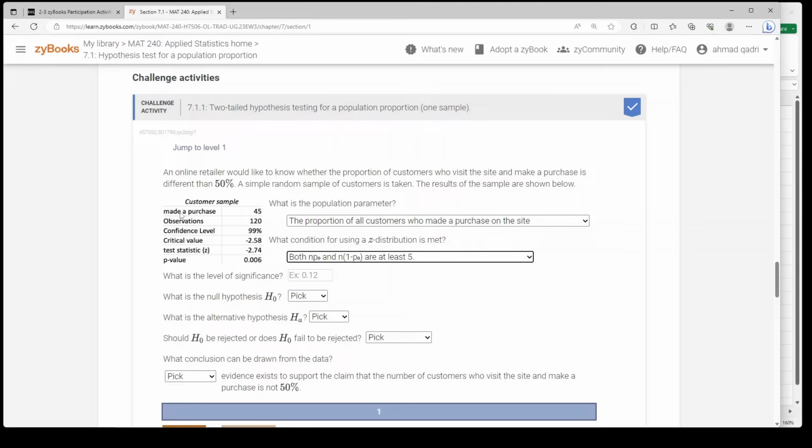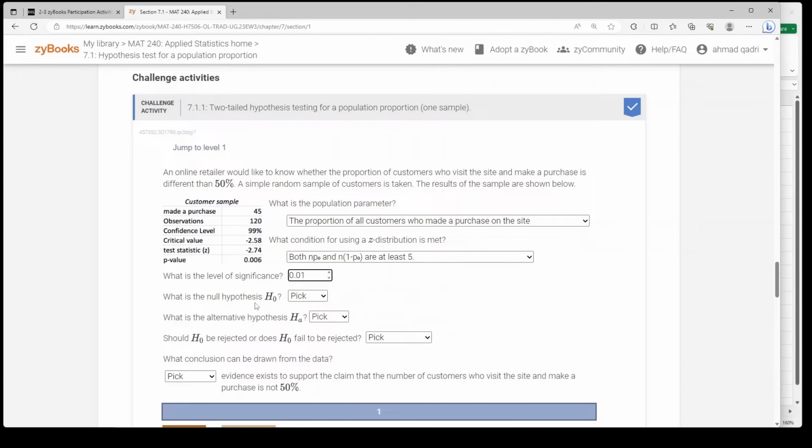If we look at this table here, we can see that the confidence level is 99%. Remember that alpha, which is the level of significance, is 1 minus the confidence level, or 100% minus the confidence level in this case. So it would be 1% or 0.01.